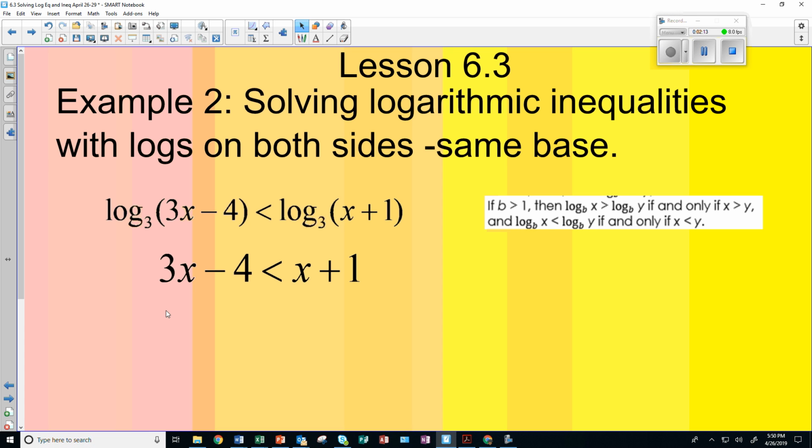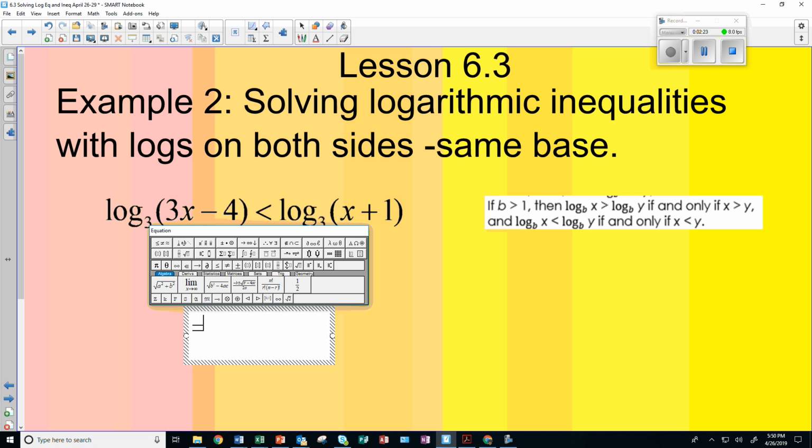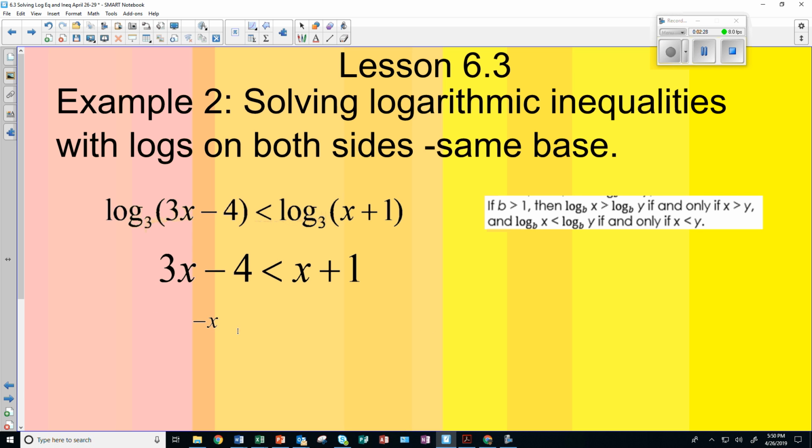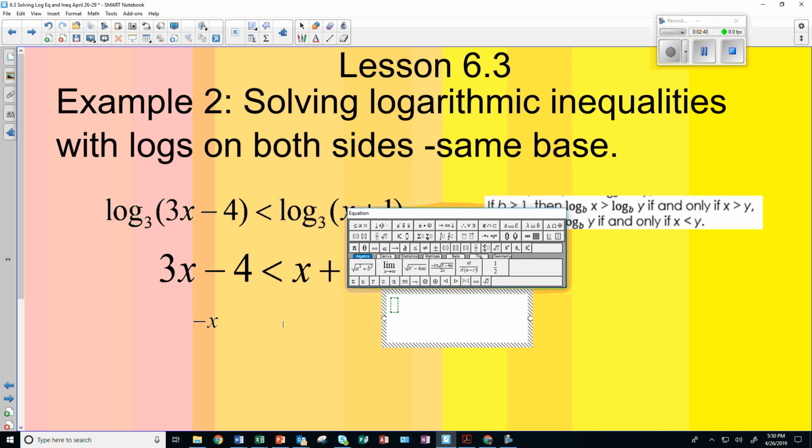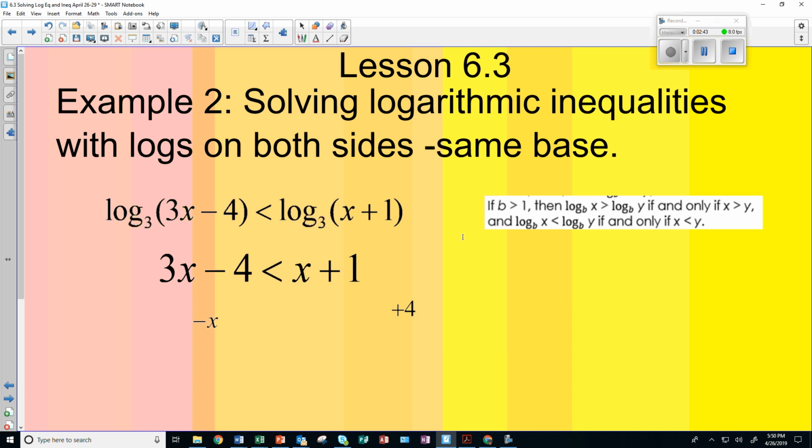We can solve this by subtracting x from both sides, and also adding 4 to both sides. Some people call this a double transform.